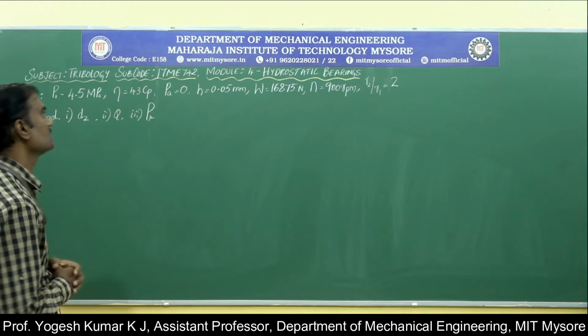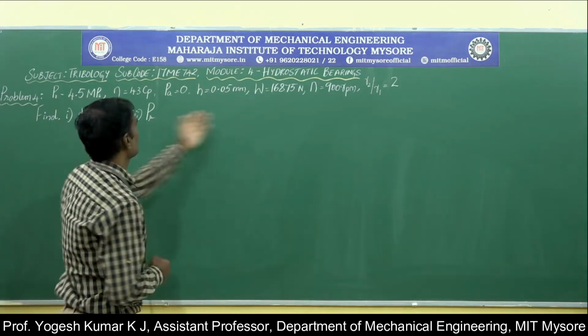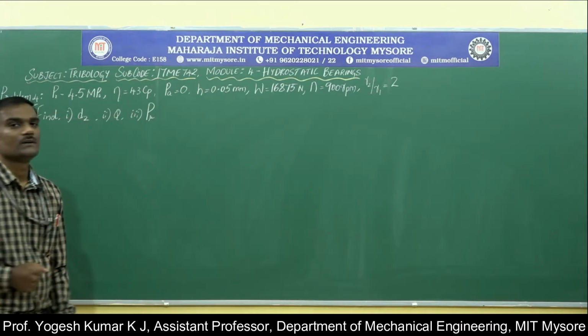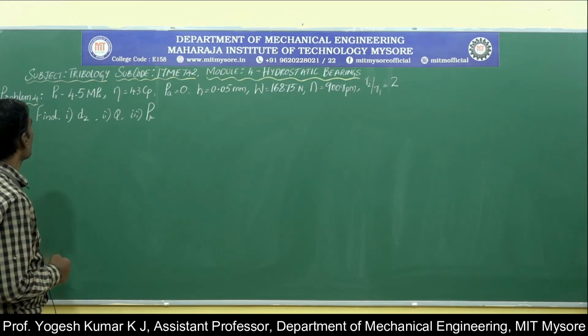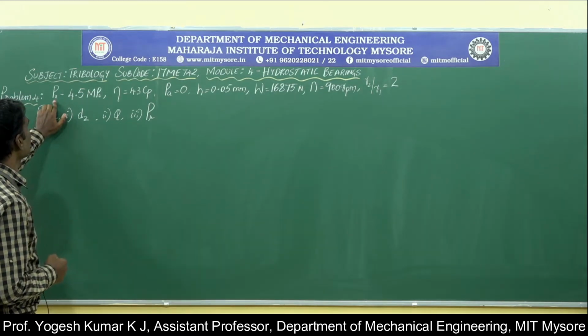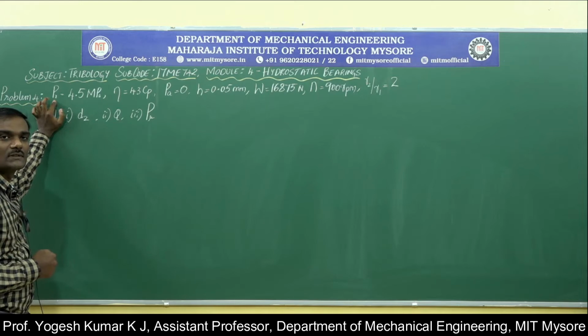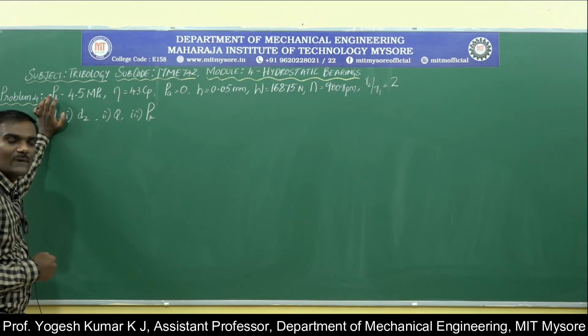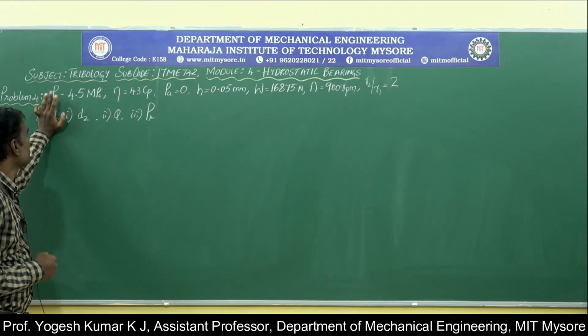Based on the problem statement, let us note down all the given data. They have given the inlet supply pressure, denoted with P naught, and its value is 4.5 megapascal.